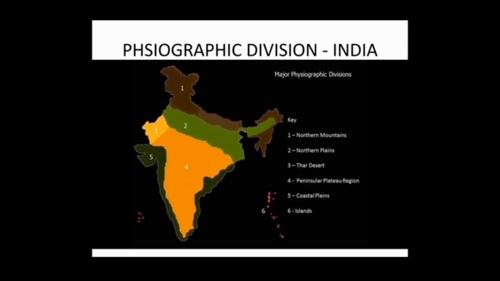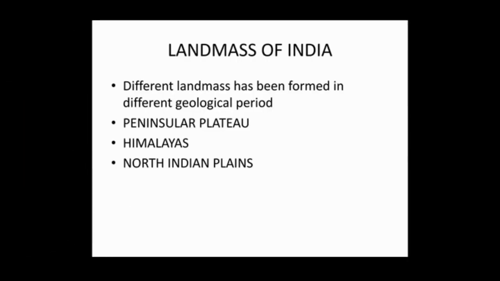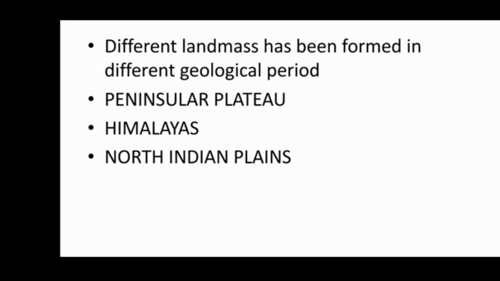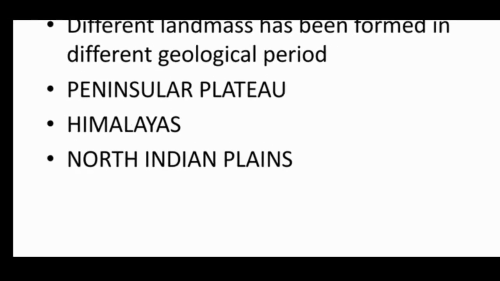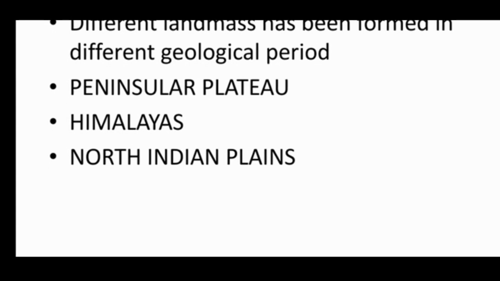So children, do you know that different physiographic units of India have been formed in different periods? For example, as I said, the peninsular plateau is the oldest one. This plateau was formed among all the major landforms in the initial stage. So this is the oldest portion. This is the stable table land. And after that, Himalaya has been formed.